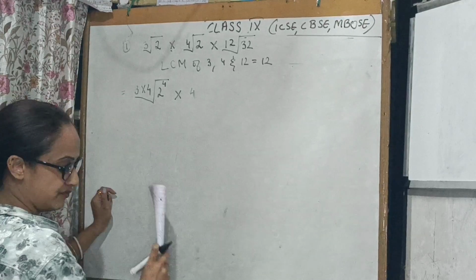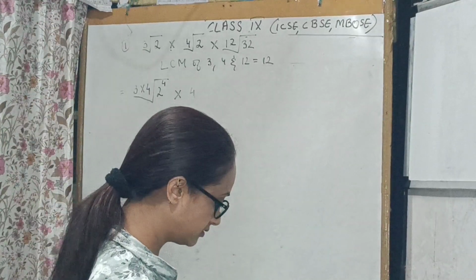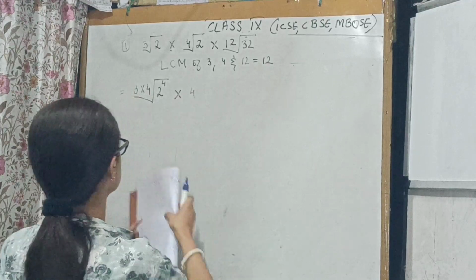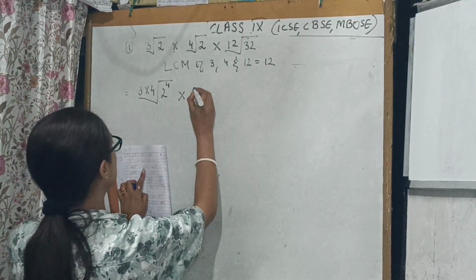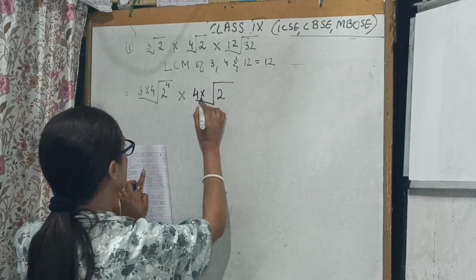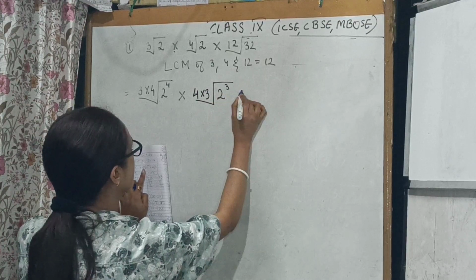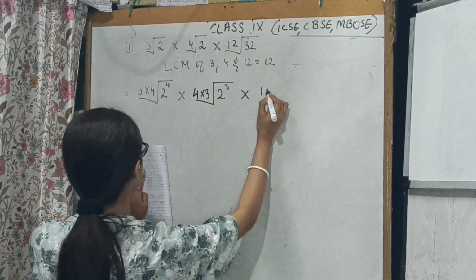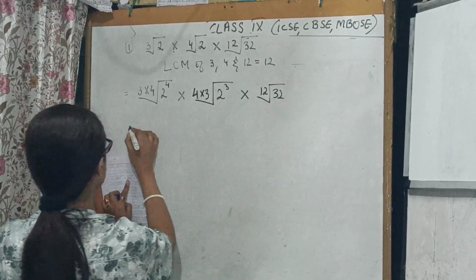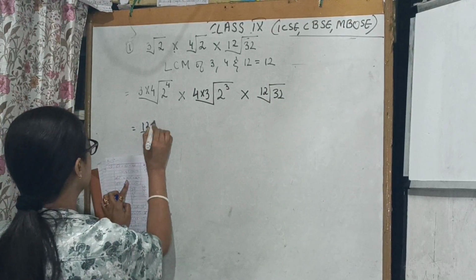Some students are very careless. This is 2, 4 into 3. This is 12. So just keep it as it is. 3 4s are 12.